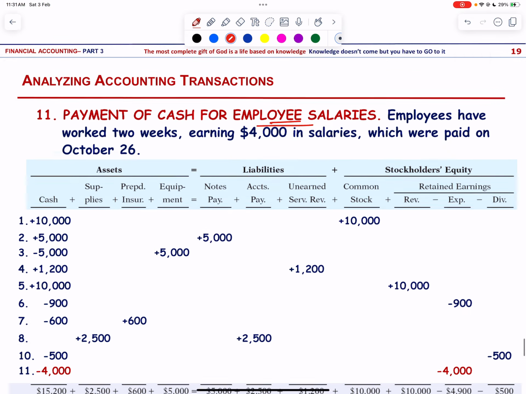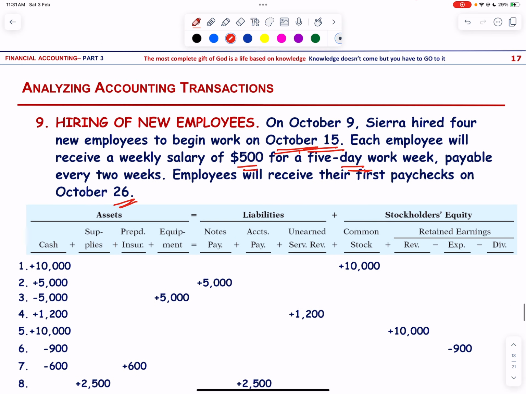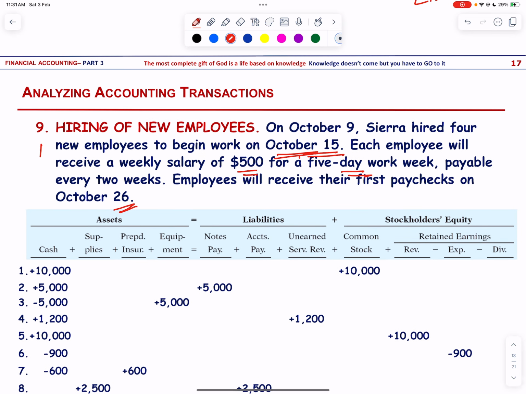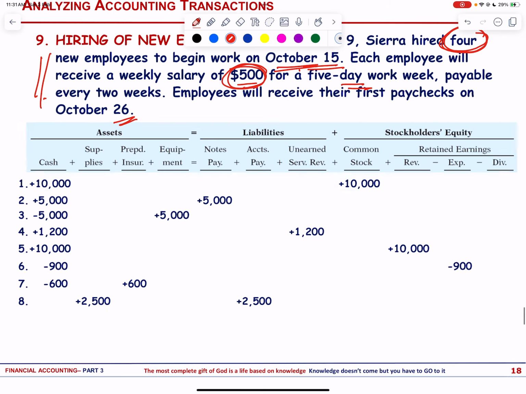We move on to number 11, and for number 11, payment of cash for employee salaries. If you can remember, they have hired employees, and each employee is going to receive 500 for a 5-day week, and the number of employees is four new employees. So 4 times 500, that is going to be 2,000.